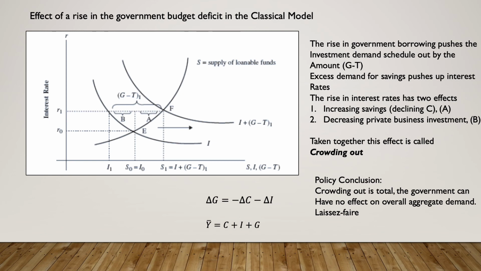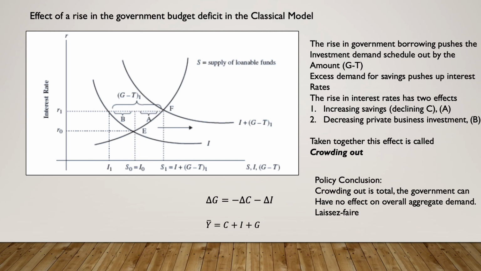Next thing you know, there's a shock, and the investment demand curve shifts out by G minus T. It shifts out by the amount of the government budget deficit. Well, our initial equilibrium, R naught, is no longer an equilibrium interest rate because we have excess demand for savings in the loanable funds market.